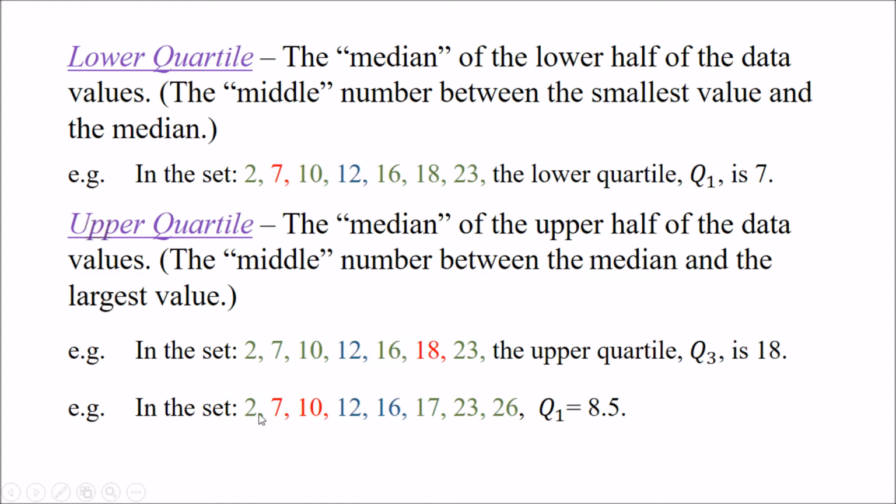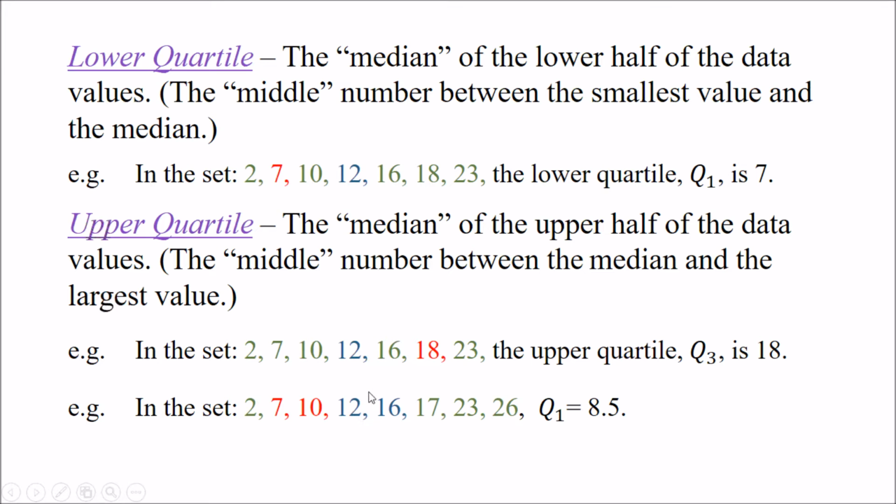In the set 2, 7, 10, 12, 16, 17, 23, 26, we have 1, 2, 3, 4, 5, 6, 7, 8 data. The median would be halfway between these blue numbers, the 12 and the 16, so the median would be 14.